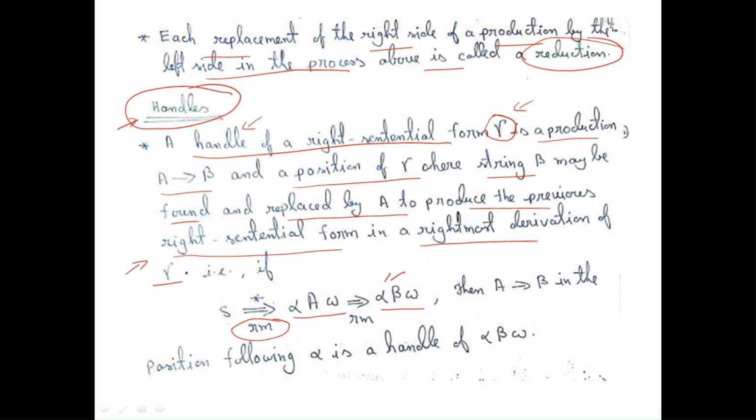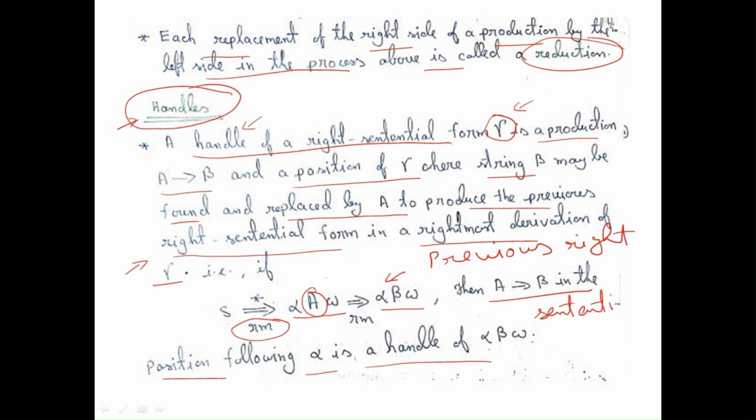Then this beta is going to be replaced by A, and this position is what is called the handle. A is rewritten as beta in the position following alpha in this string is the handle of alpha beta w, because we are getting the previous right sentential form.